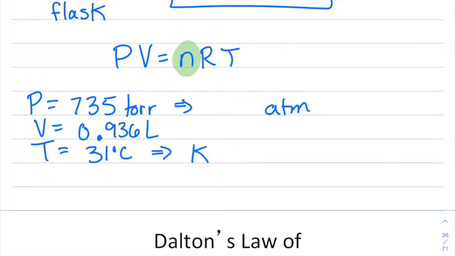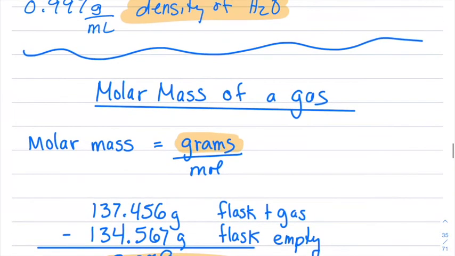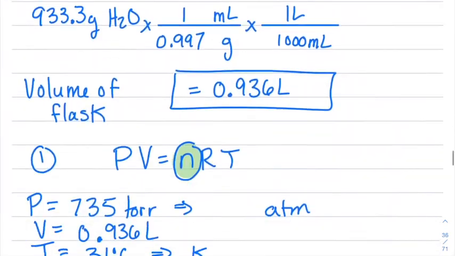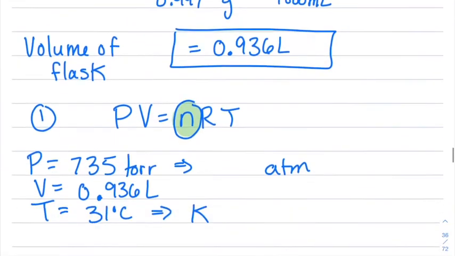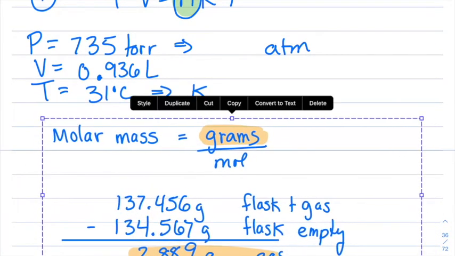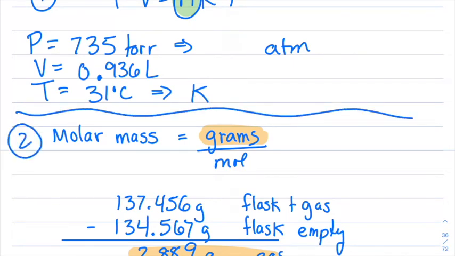So what I'm going to have you do is first calculate out N right here. And then what I'm going to have you do is plug it into the molar mass.